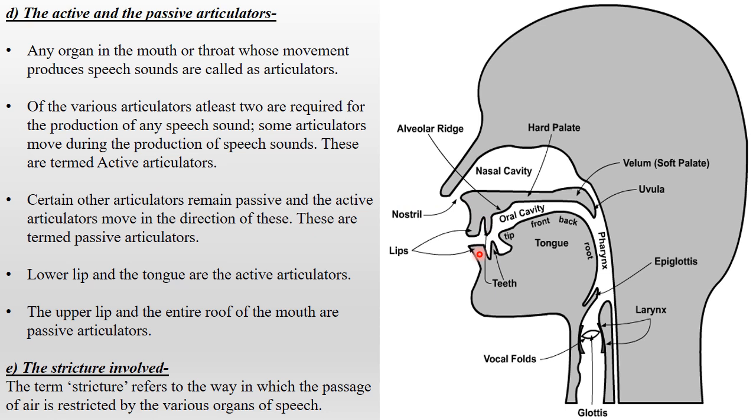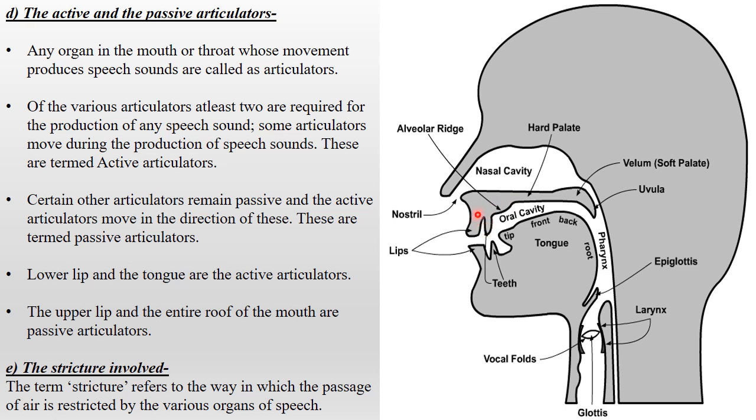For example, when we talk, our lower lip and the tongue are used the most, and they move in the direction of other passive articulators, and hence those are called active articulators. Whereas the upper lip, the teeth, and the entire roof of the mouth don't move while speaking.